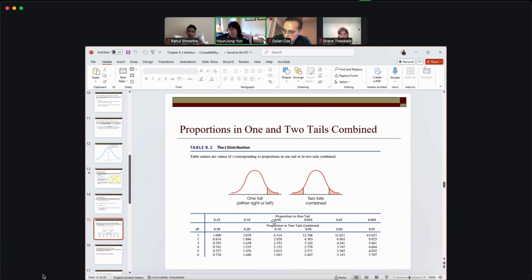So for one tail, 0.05, and two tail, 0.01, or 0.1 and 0.05, whatever you do, they put the corresponding statistic value.